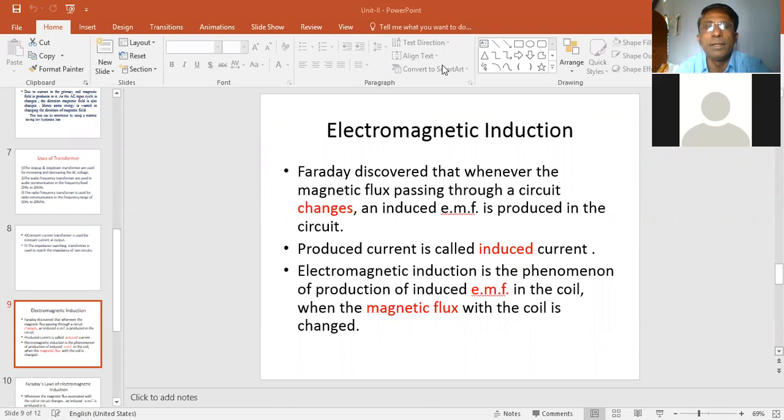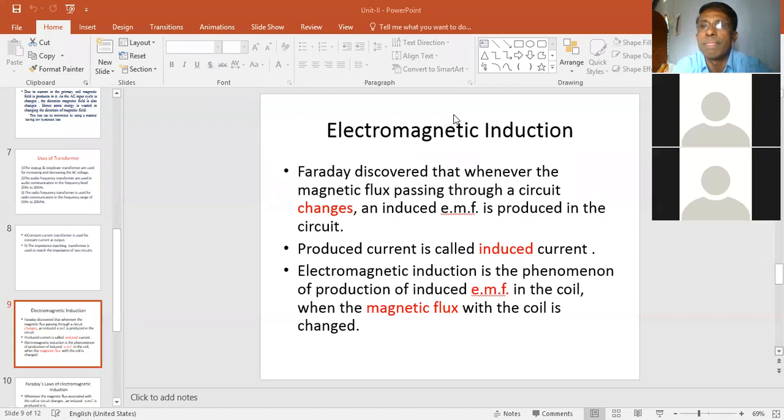And Faraday discovered that Faraday's observations are about the magnetic flux.